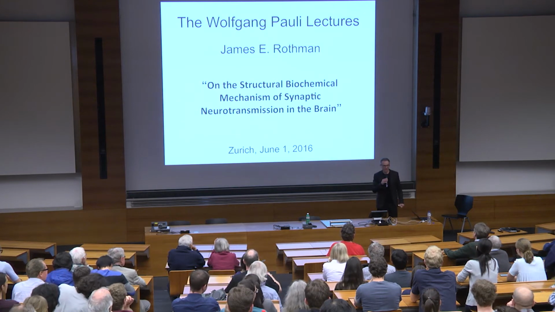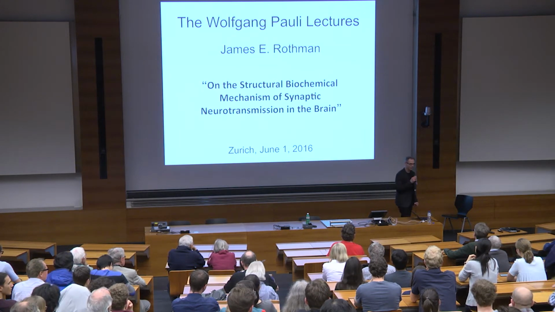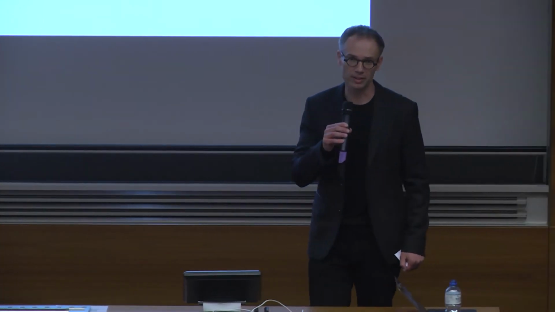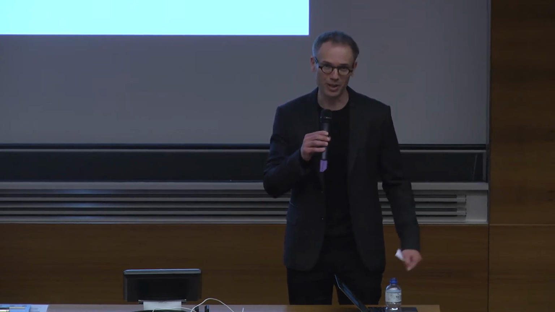The third lecture this year is scheduled in the afternoon, and it is again a great pleasure to introduce, to those of you who may have missed the first two lectures of this year's Pauli Lecture series, Professor James Rothman. He's visiting us from Yale, where he is a professor and the chairman of the Department of Cell Biology. His research has made a profound impact on our understanding of vesicle traffic, and it has been recognized.